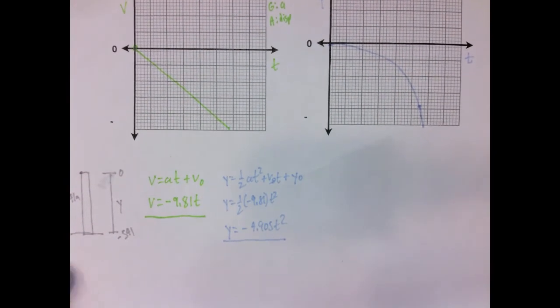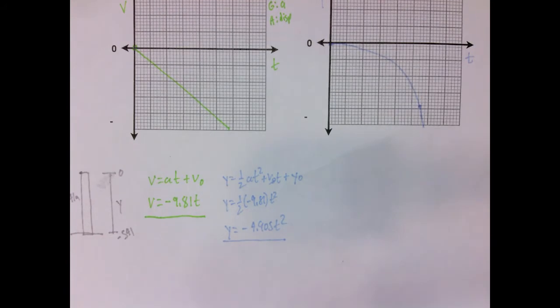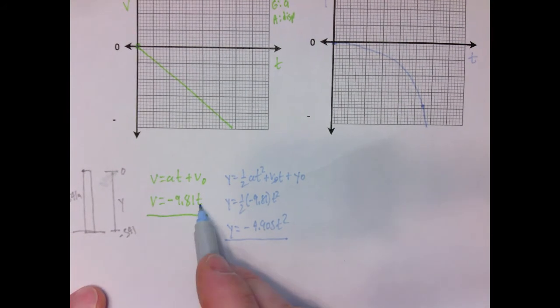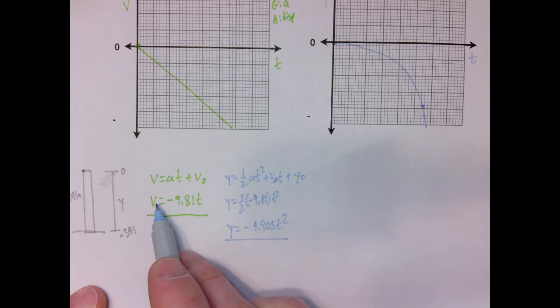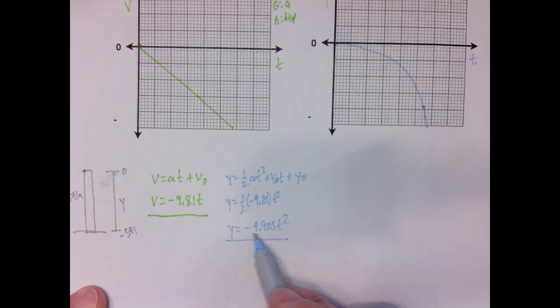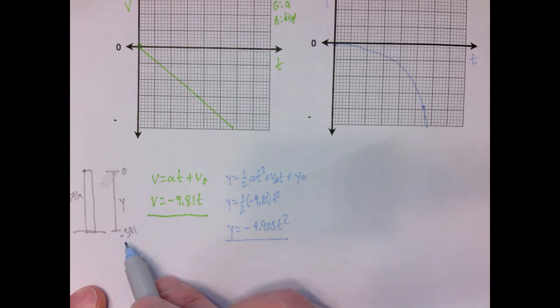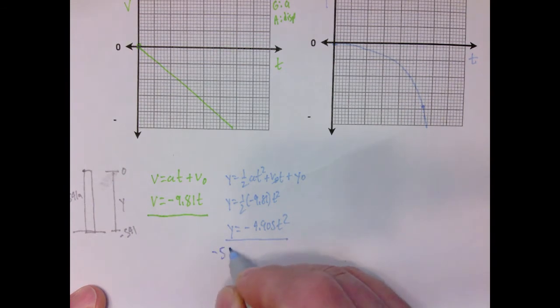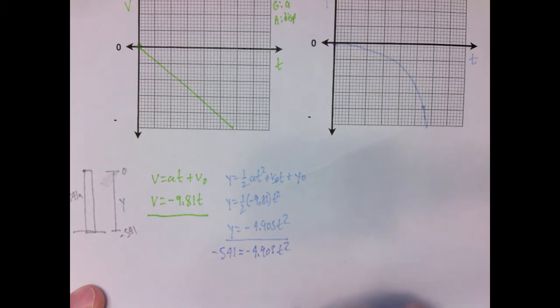So now, what about impact? At impact, if we're looking for the velocity, we don't know the time, nor do we know the velocity. We're not given the impact velocity. We don't know how long it takes. But if we look at our diagram, we know at impact, its position will be negative 541. So negative 541 goes here for y, equals negative 4.905 t squared.